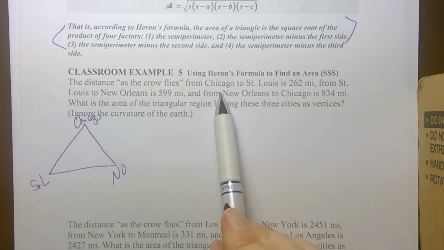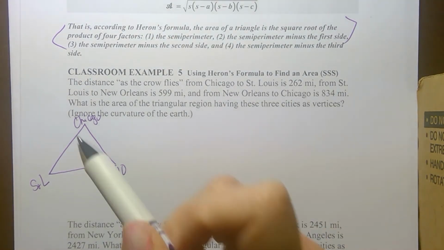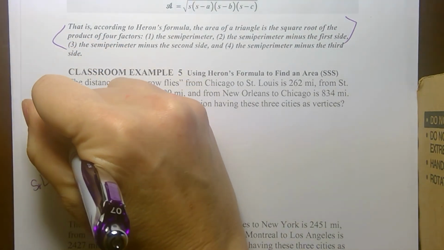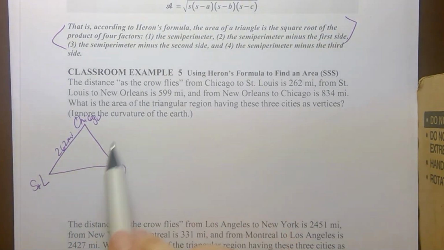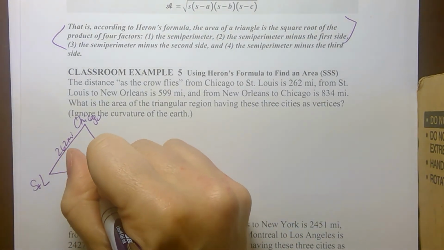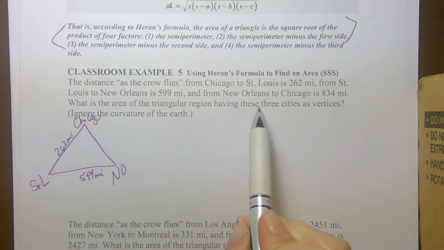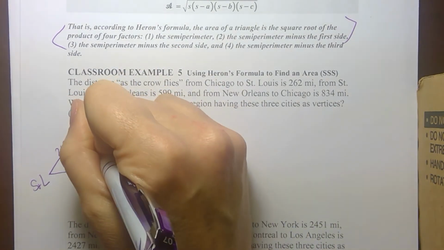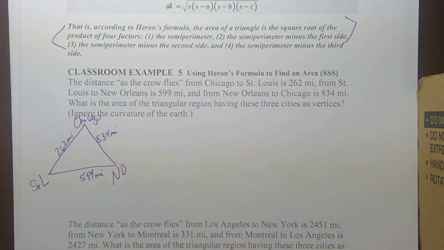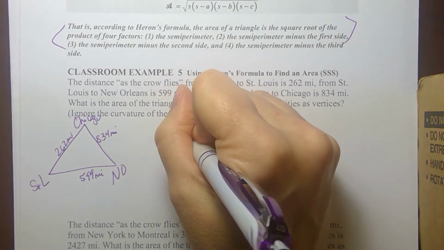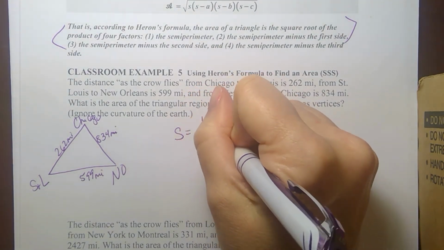The distance from Chicago to St. Louis is 262 miles. From St. Louis to New Orleans is 599 miles. And from New Orleans to Chicago is 834 miles. What's the area?